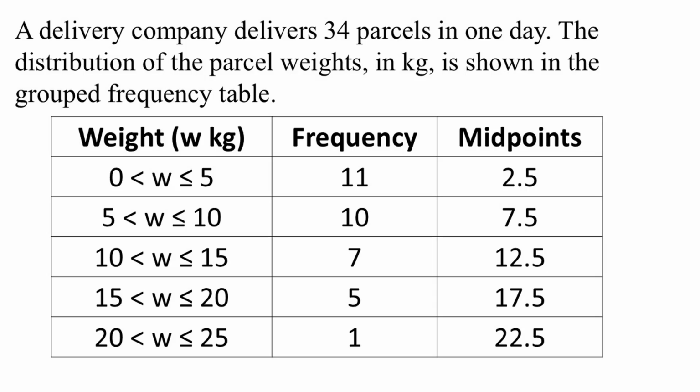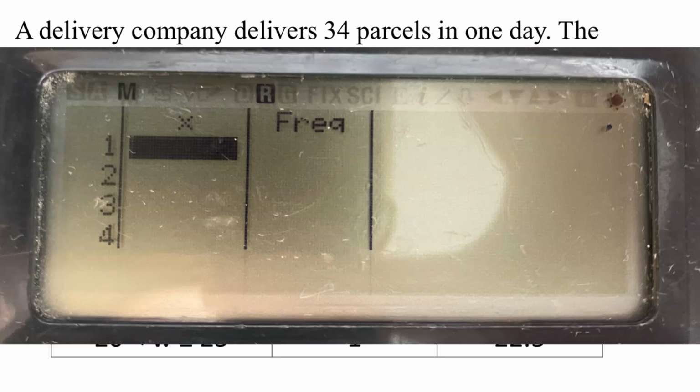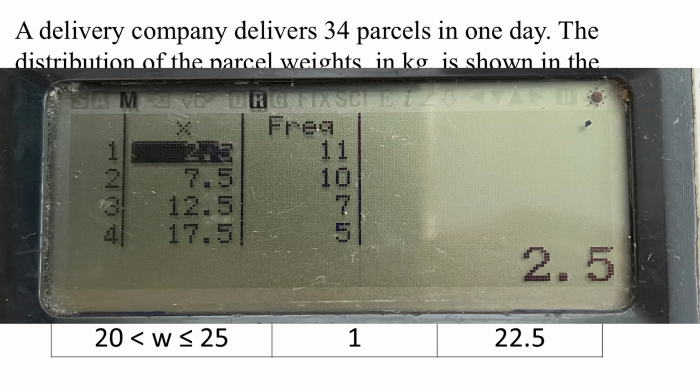So this is an example on the screen here where we have found the midpoints for each interval for a grouped frequency table. Well, if you use the frequency table mode on your calculator and just insert the midpoints, this is going to use the same method that we use to estimate the mean and the standard deviation. So your calculator can give out an estimate for these values and you can use it to check your answers.